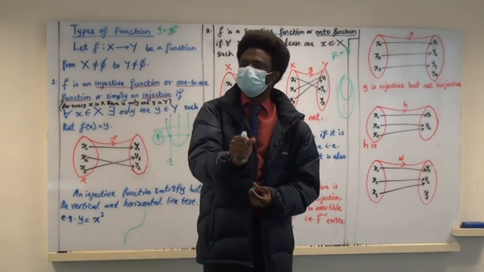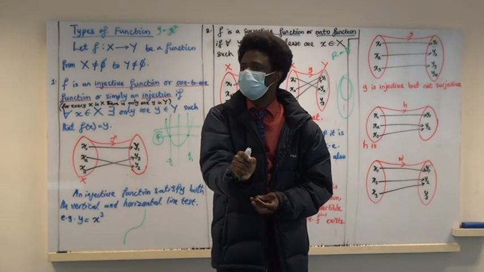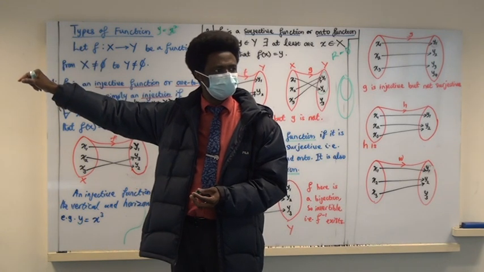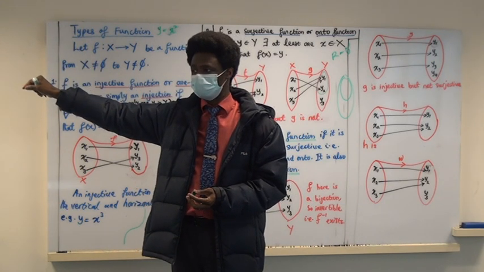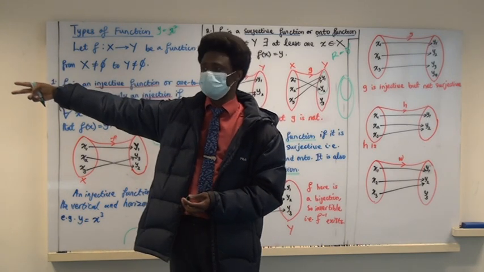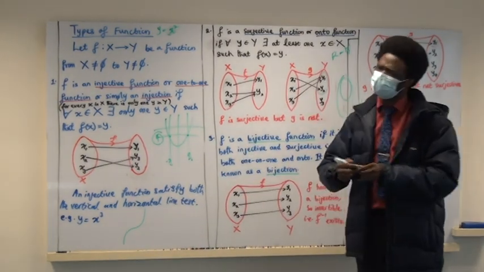If you pick another element x2, you can never get the same f of x1 again. Are you getting what I'm saying now? If you pick two different elements, there will be two different images on the other side. Then that is a one-to-one function. Does that make sense, please?